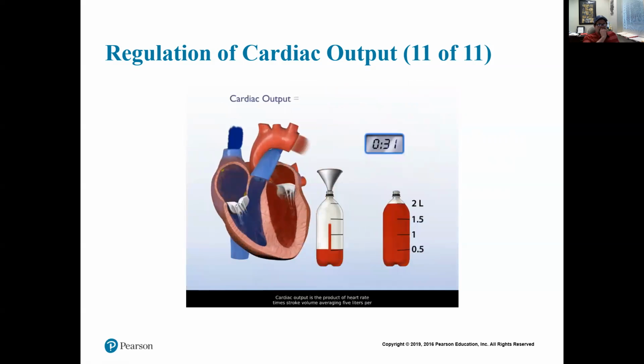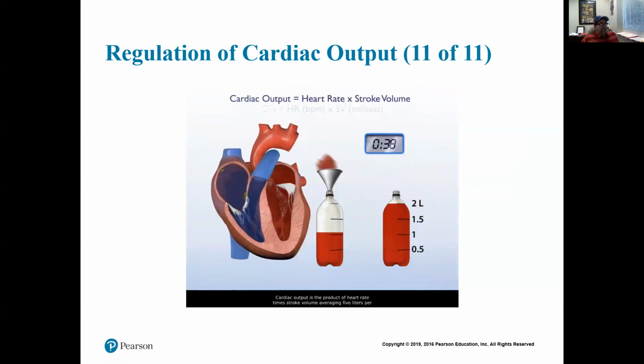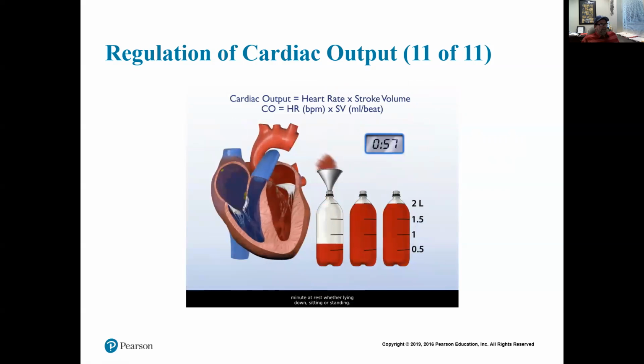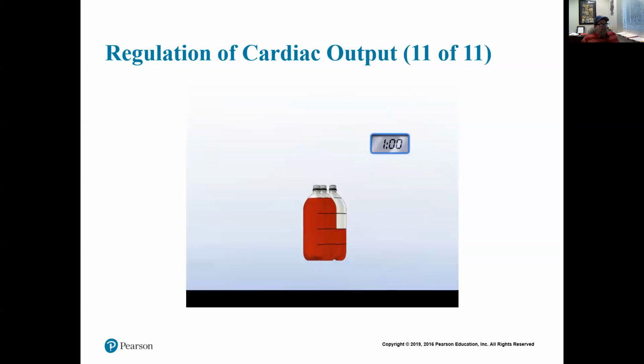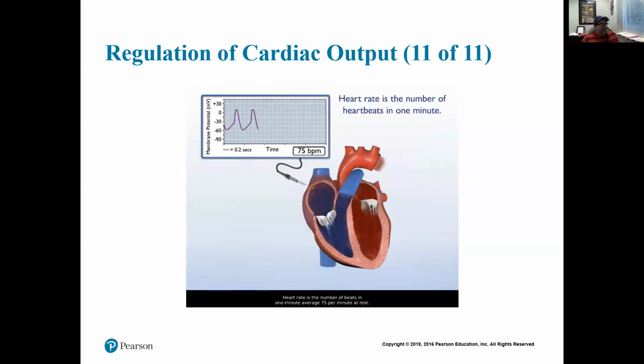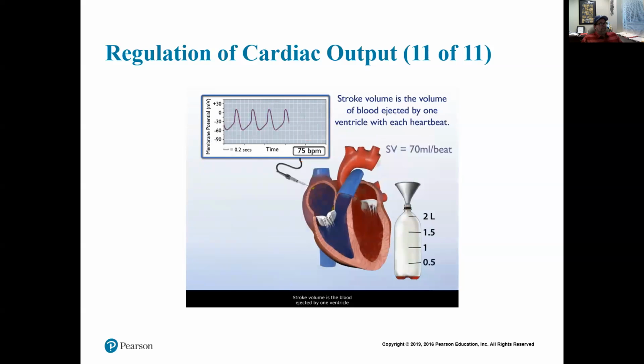Cardiac output is the product of heart rate times stroke volume, averaging 5 liters per minute at rest, whether lying down, sitting, or standing. Heart rate is the number of beats in 1 minute, averaging 75 per minute at rest. Stroke volume is the blood ejected by one ventricle with each beat, averaging 70 milliliters per beat at rest.